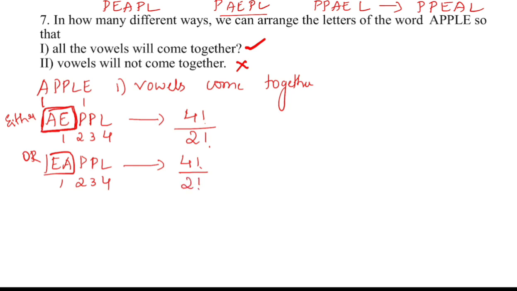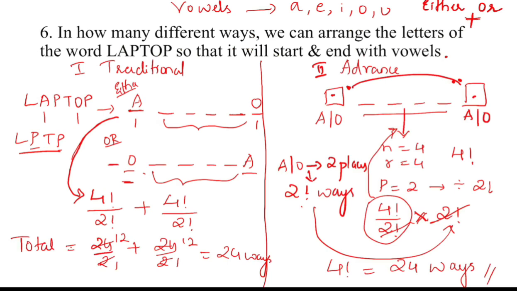Now when there is an either or case, I told you we should add them. Or we saw in this advanced method, isn't it, that it is 4 factorial divided by 2 factorial for any one, and then the vowels can be arranged in 2 places in 2 factorial ways, so multiply it with 2 factorial.